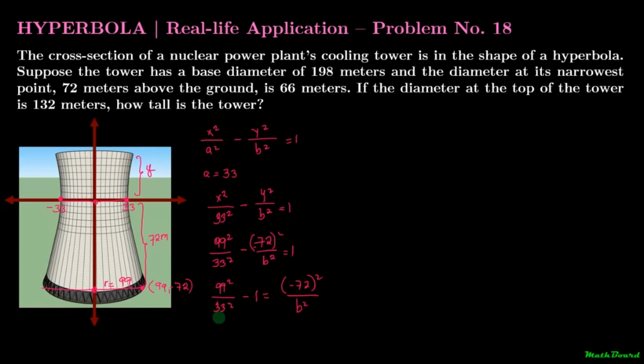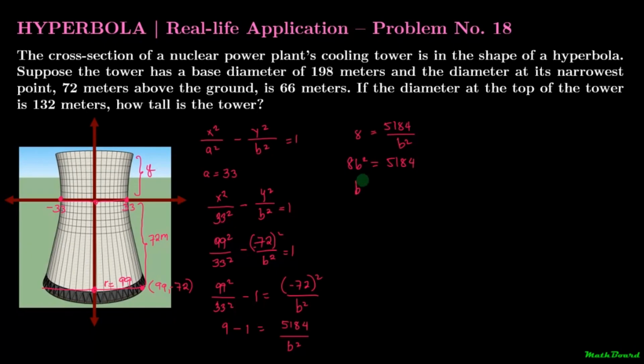So, 99 squared divided by 33 squared, 9. Ang sagot dyan, minus 1 equals, what is 72 squared? Ika-calculate natin ha. 72 squared, that's 5184 over b squared. 9 minus 1, that's 8, equals 5184 over b squared. Then multiply yung 8 sa b squared, so 8 b squared equals 5184.